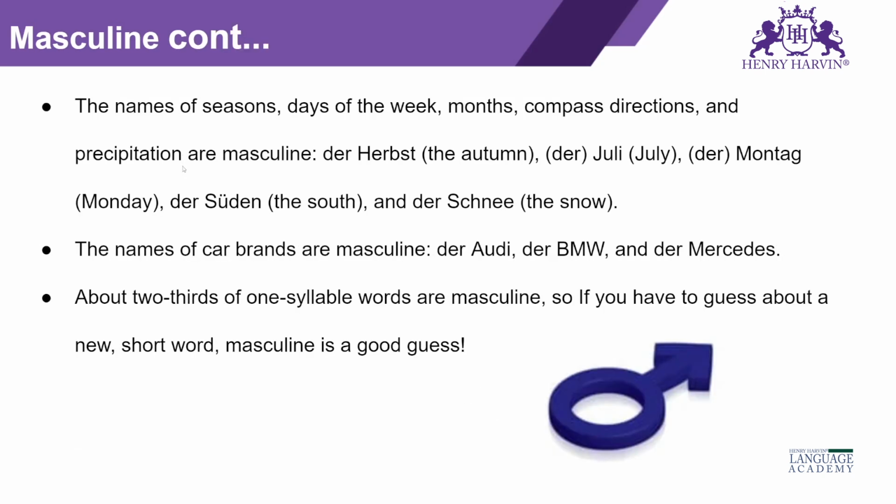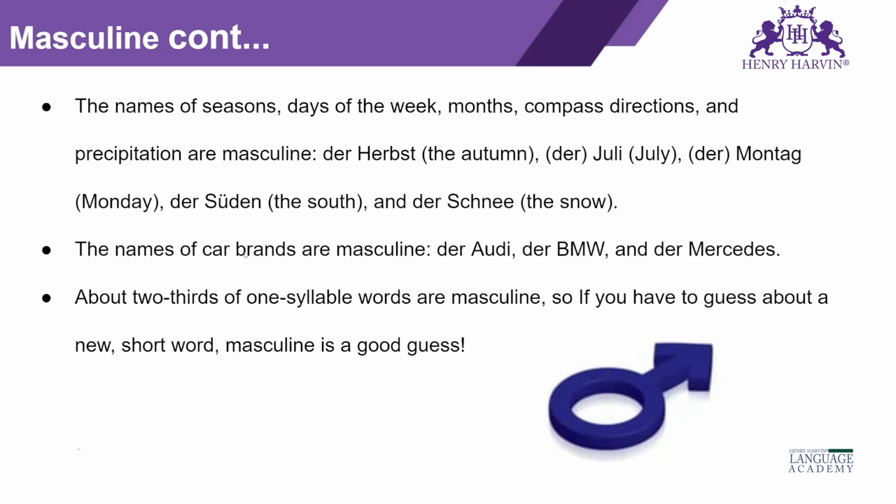All the seasons, days of the week, months, compass directions and other things come under the masculine gender. Der Herbst, der Juli, der Montag, der Süden. All these are directions, seasons or months.